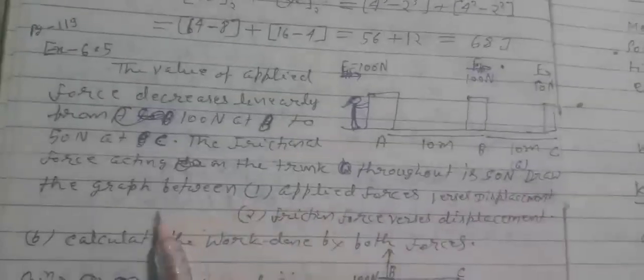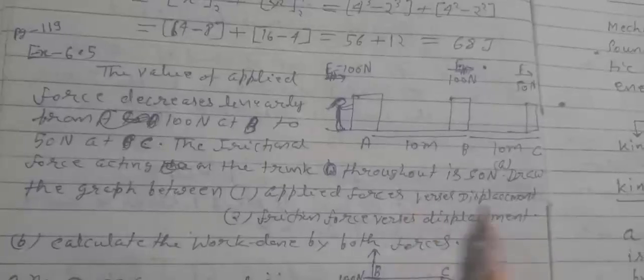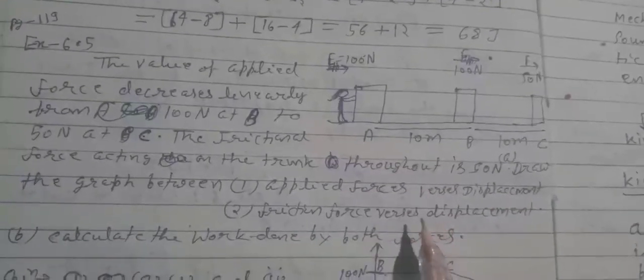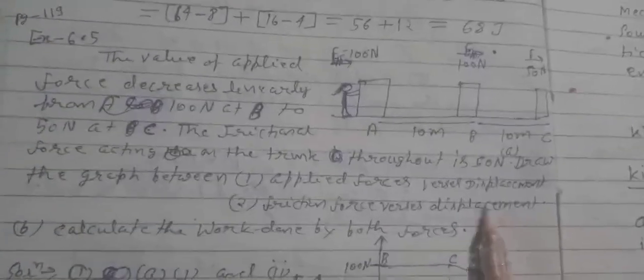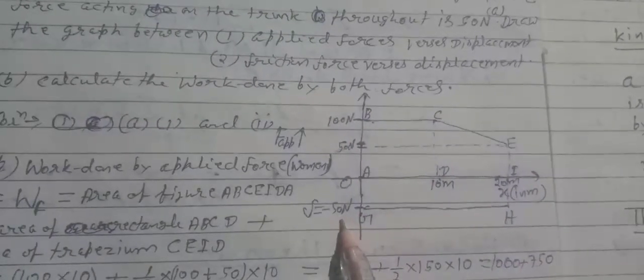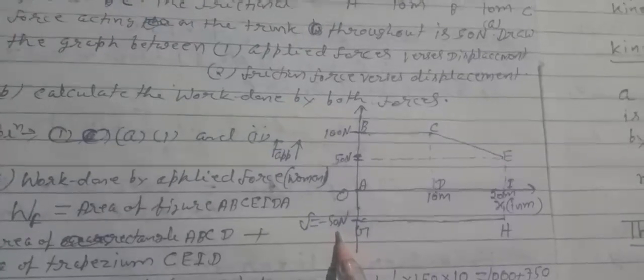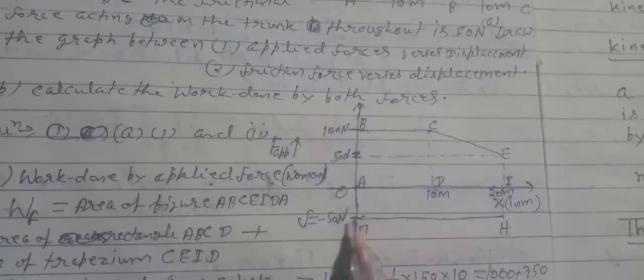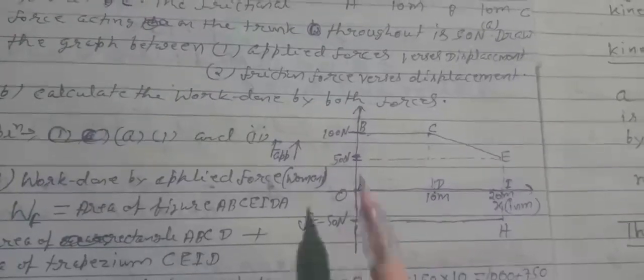A. Draw the graph between 1. Applied force versus displacement, 2. Friction force versus displacement. B. Calculate the work done by both forces. Here the graph is shown in the figure. Because the friction force is always acting opposite to the motion, it is negative and its value is fixed at 50 Newton.